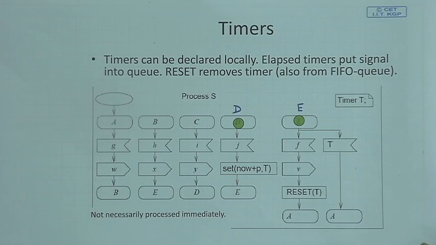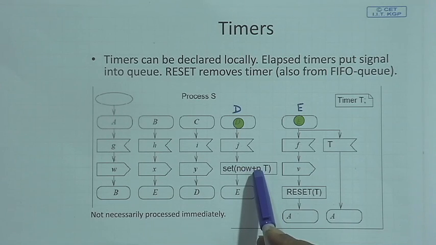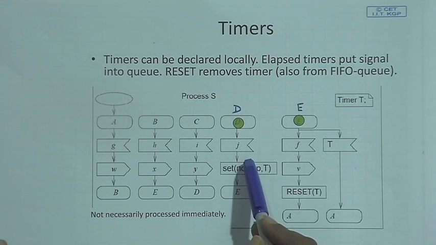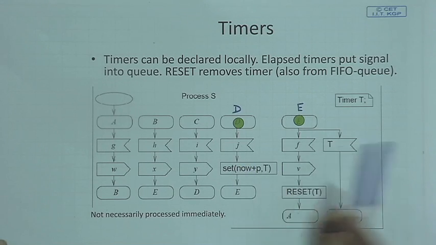So, what is now exactly? Now means the exact real time, whatever is the time now, when you come to this point. P is an offset from here. So, now is a very useful construct used in SDL, where I can fetch the current time.